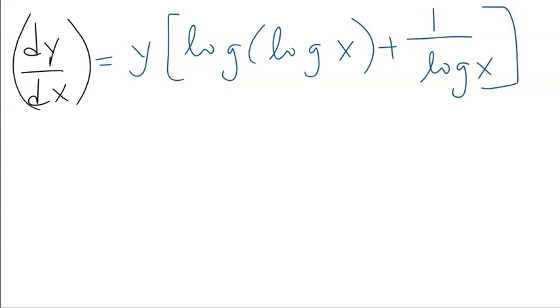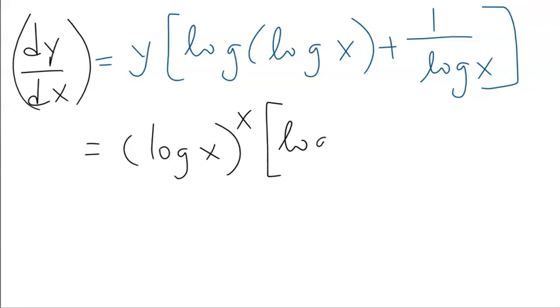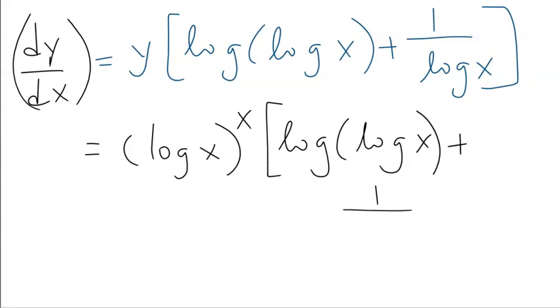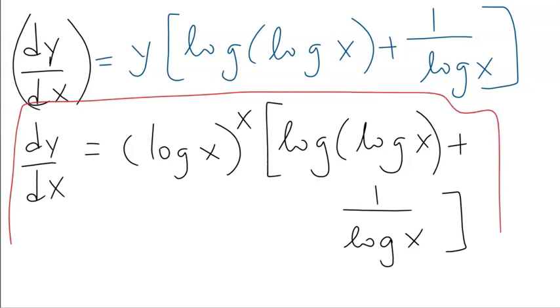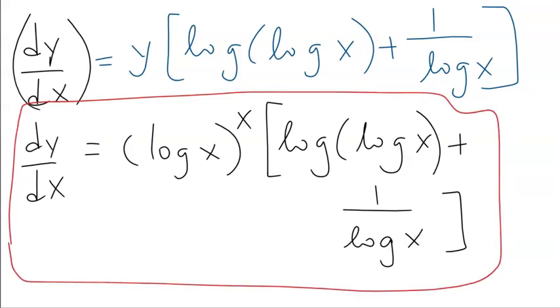Now what was y again? y was the original log x to the power x, and you multiply that with whatever we have found in the step before, which is log of log x plus 1 over log x. And this is the final solution for the derivative.